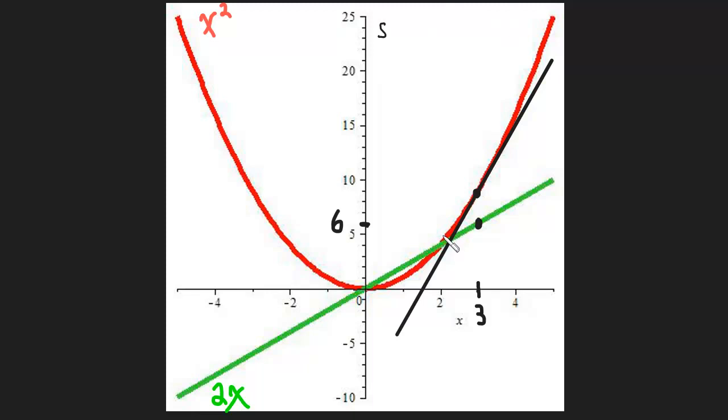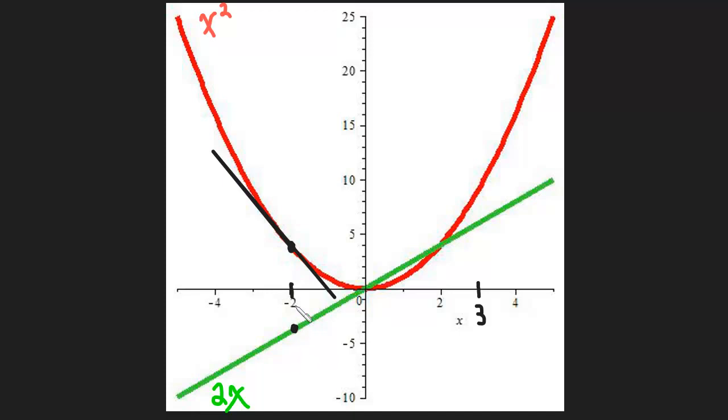So let me erase all of this. Let's do when x is -2. Well, just looking at this tangent line here, we know its slope is negative, so we're expecting the derivative to be negative, and of course the derivative is negative.